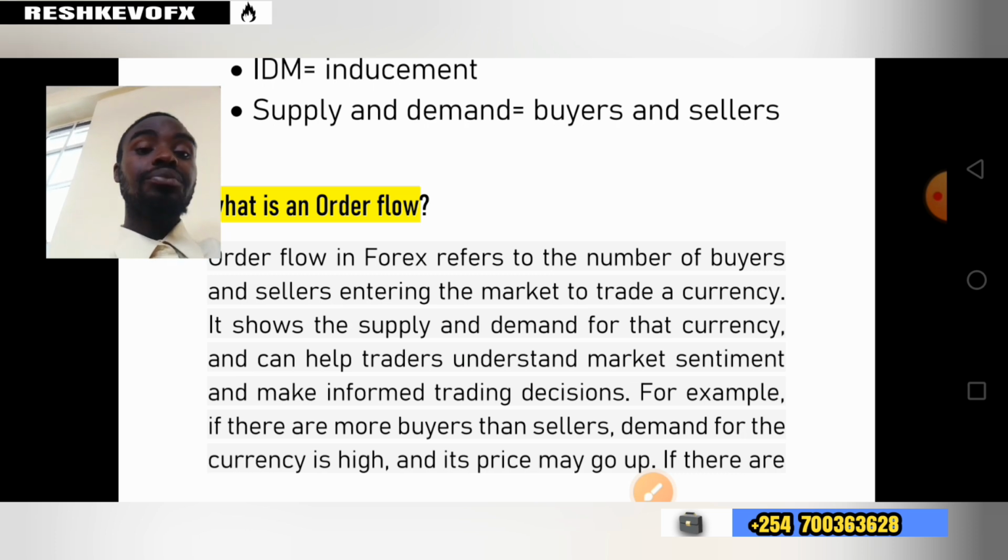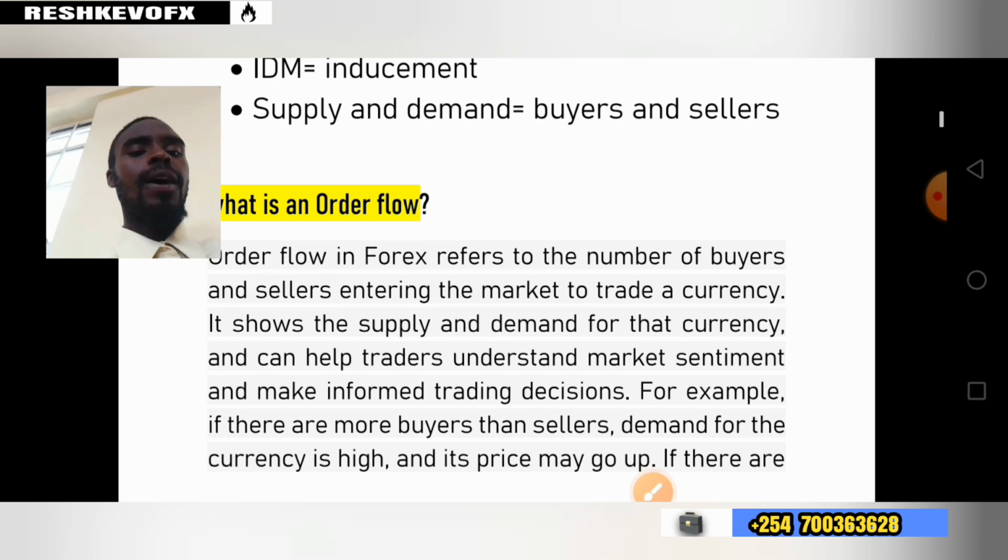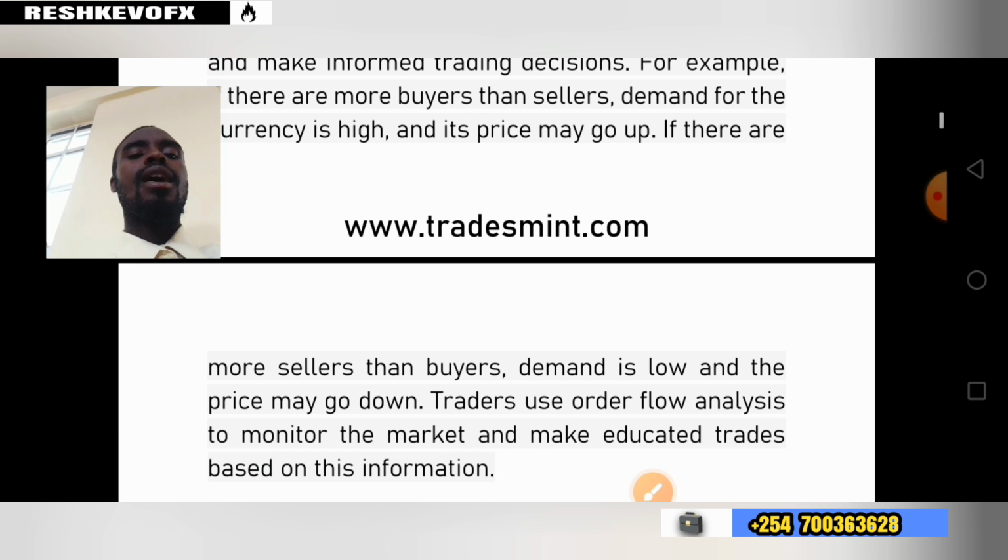For example, if there are more buyers than sellers, demand for the currency is high and its price goes up. If there are more sellers than buyers, demand is low and the price may go down. Traders use order flow analysis to monitor the market and make educated trades based on this information.